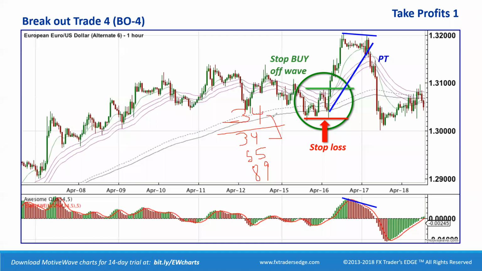So let's say we set a 34 pip stop loss, and it doesn't have to be that way. This is just for simplicity's sake. And we set a trailing stop of 34 pips. Then once the 34 pips first profit target is taken, the stop automatically moves to break even for the others. Automatically.